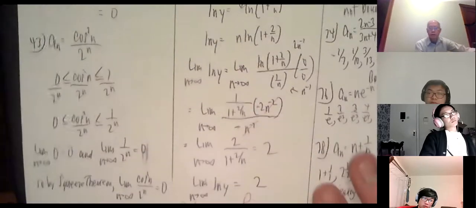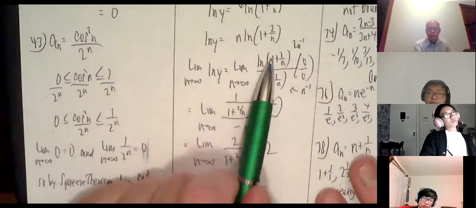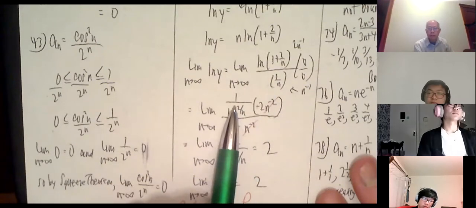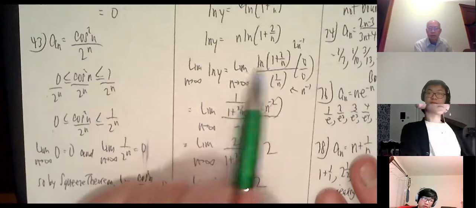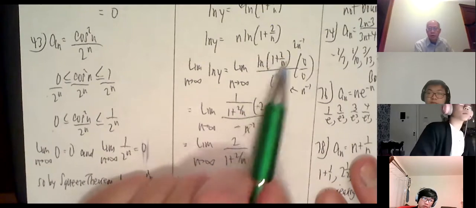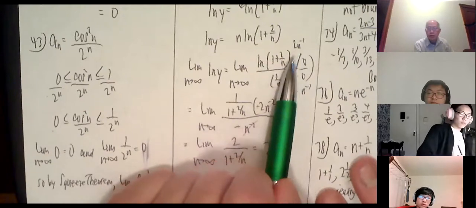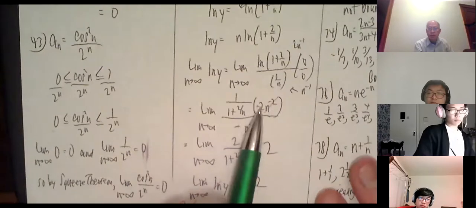So I do L'Hopital's rule. The derivative of the top is 1 over 1 plus 2 to the n, and then by the chain rule times the derivative of the inside. So I have to differentiate this. Derivative of 1 is 0. Derivative of 2n to the minus 1 is negative 2n to the negative 2.